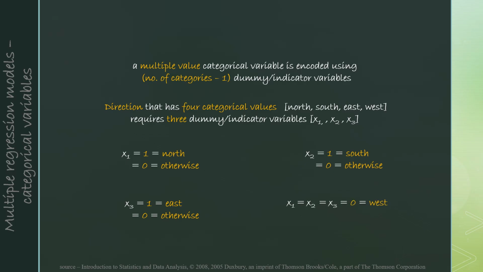And x1 equals x2 equals x3 equals 0 implies it is west. As can be seen above, the left out or the last categorical value, west in this case, is implied when all the above 3 indicator variables take the value 0.